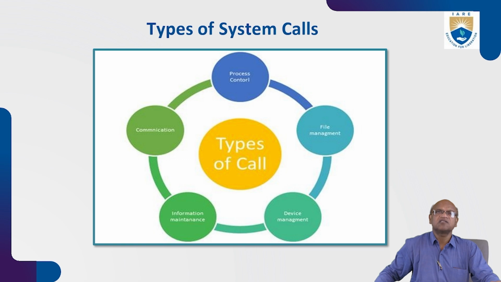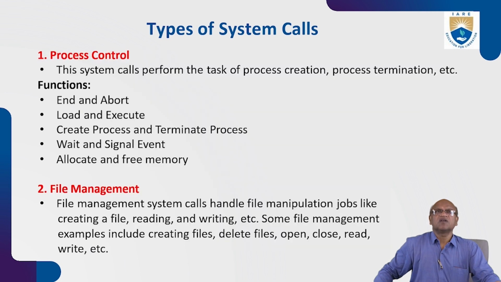If you look at the types of system calls, as we discussed: device management, file management, process control, communication, information maintenance. There are so many system calls working for smooth functioning of this system. Take process control.